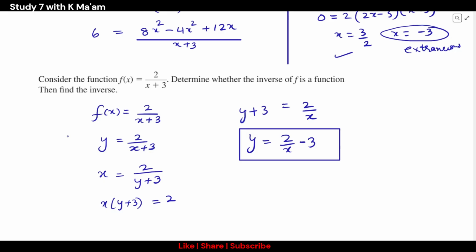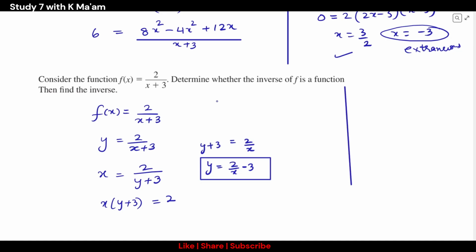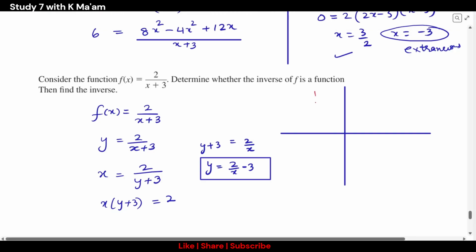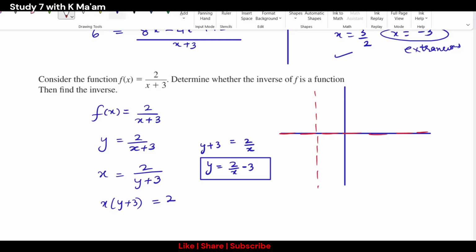So first, if you look at the graph, let's try to draw the graph of 2 over x plus 3. We learned how to graph the rational function. Minus 3 is the vertical asymptote, 0 is the horizontal asymptote, and then you substitute any value.